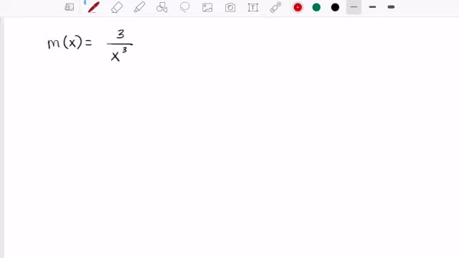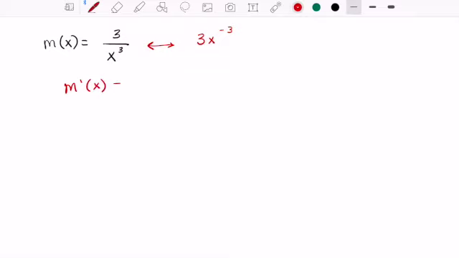And finally, piggybacking onto that same thought and practice there, I'm going to take the derivative of this. Sometimes we see these types of problems, and the easiest way, again, is to go ahead and manipulate that fraction so that we can have an easy power rule. So when I go to take the derivative of m of x, we get m prime of x equals, well, the variable is going to come down.